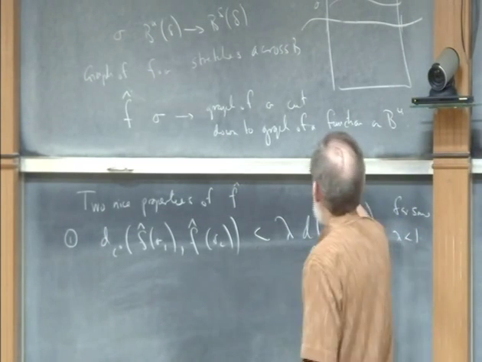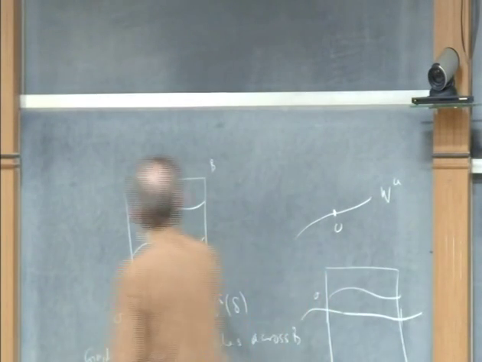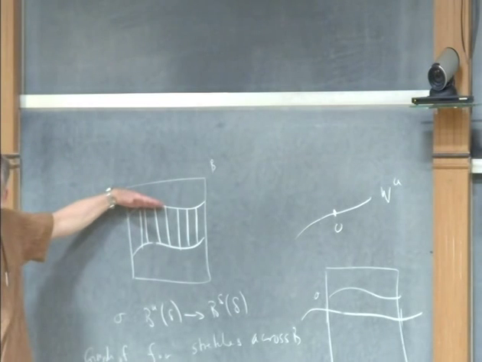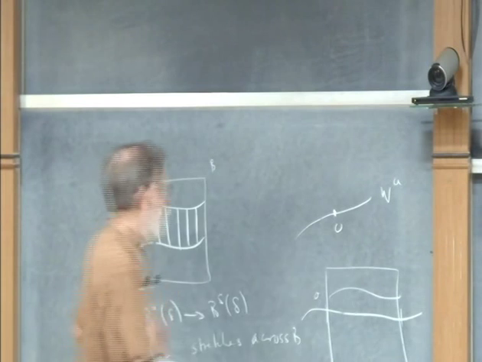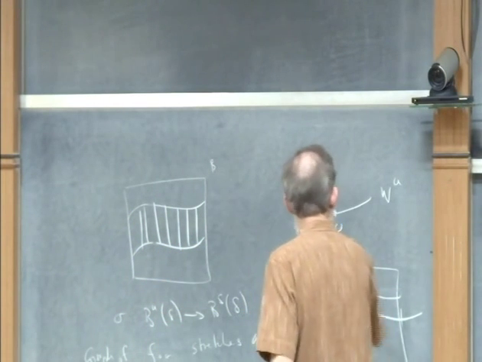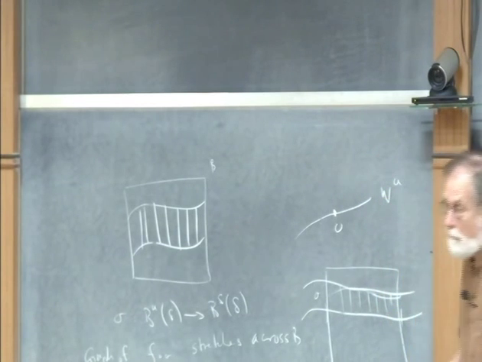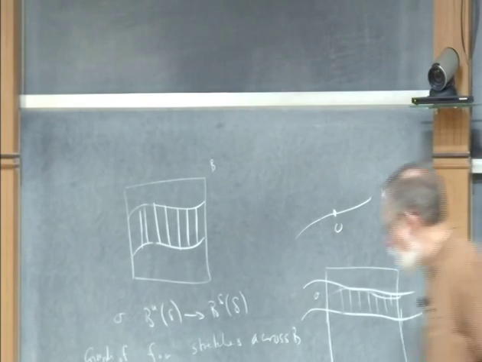And the reason for that is visible in the picture. I will look at the vertical separation of the two things. When you apply the diffeomorphism, all those vertical things contract. So you get a contraction in the C0 topology.